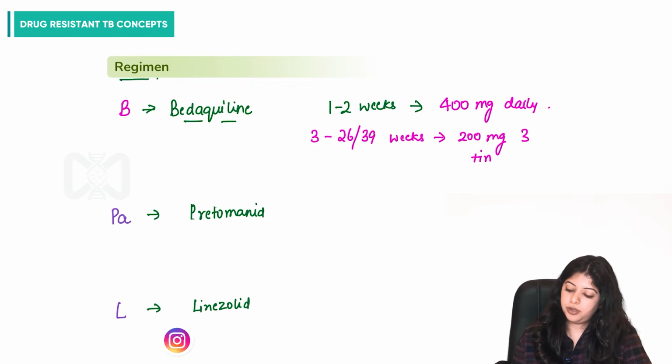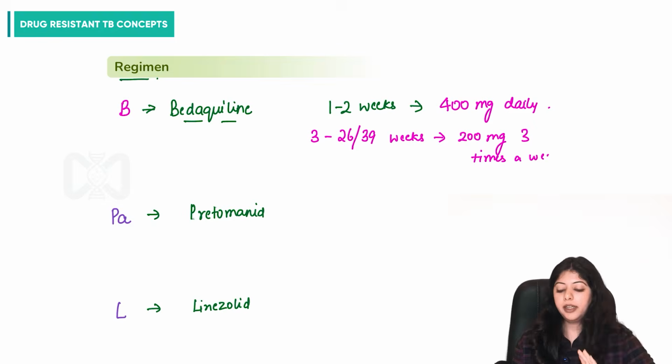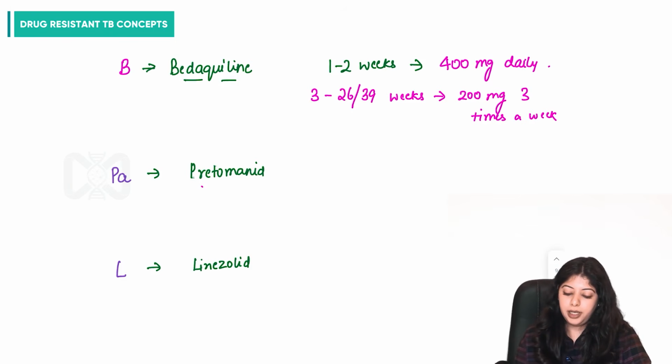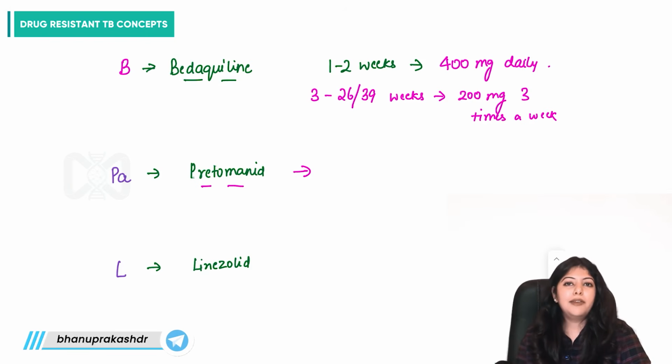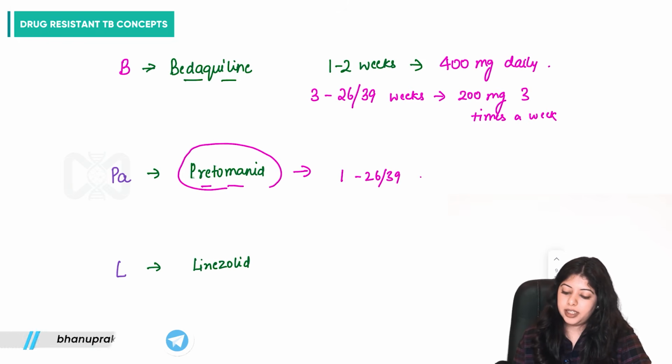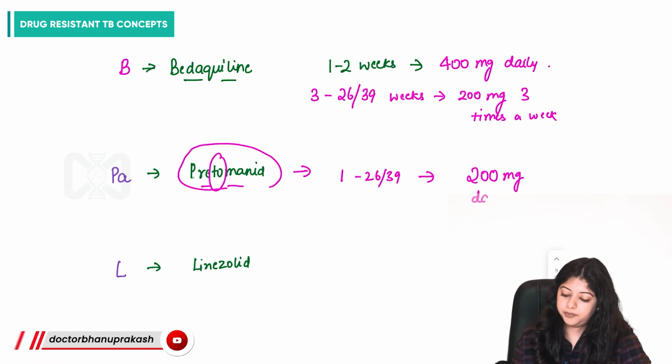Then the next drug, pretomanid, is the same for all the weeks, that is 1 to 26 or 39 weeks. This particular drug is given as a dose of 200 mg daily.